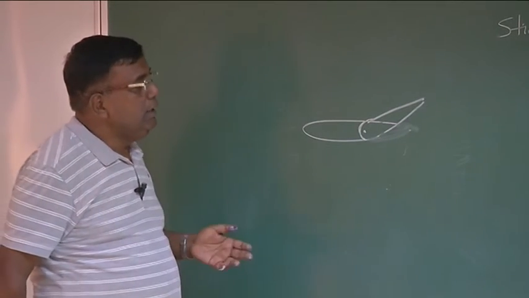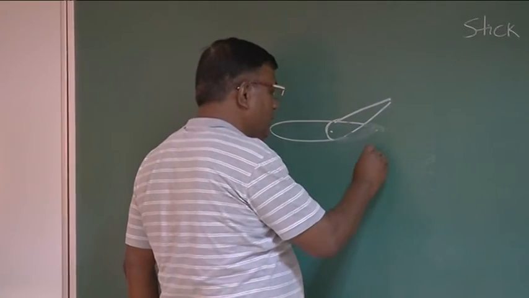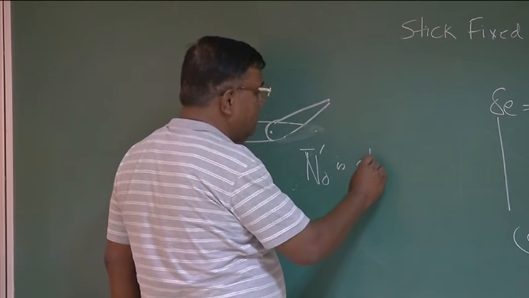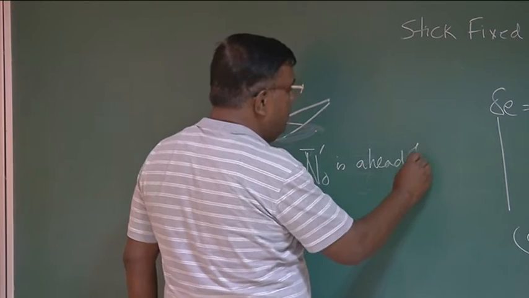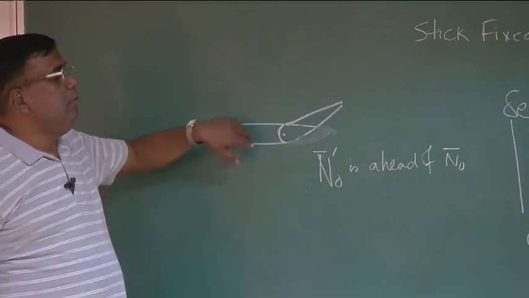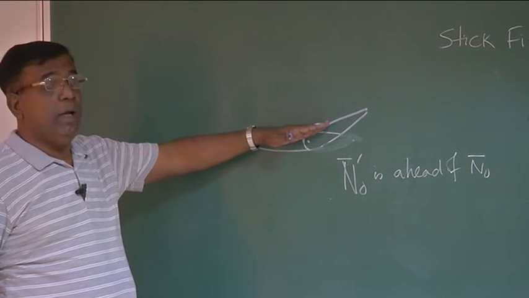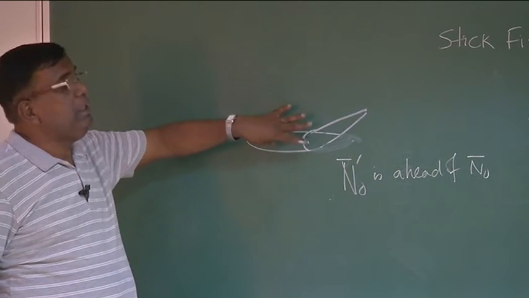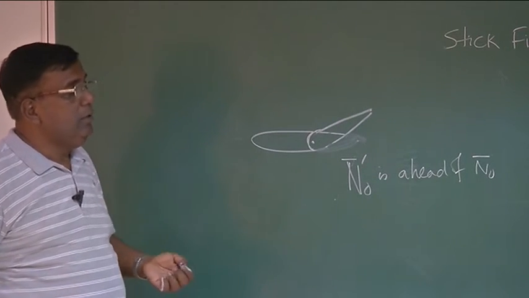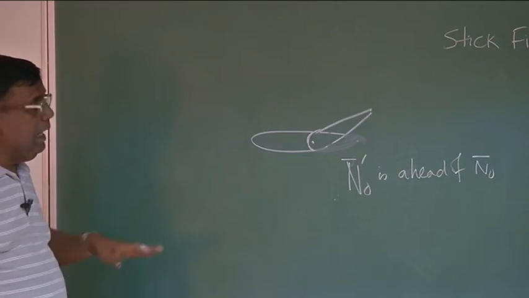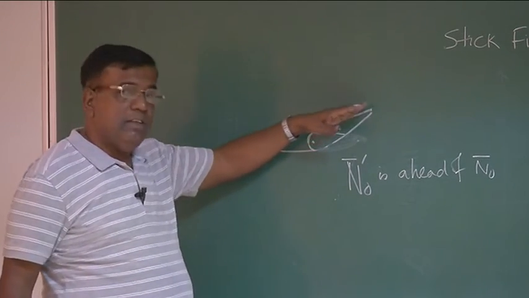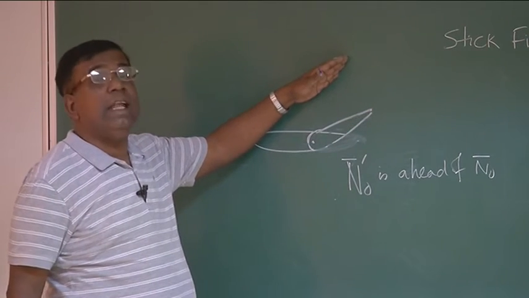And that is why the neutral point stick-free is ahead of the neutral point stick fixed. Because it has floated up to equilibrium, the CL alpha tail has reduced. Okay? That is why neutral point stick free is ahead of neutral point stick fixed. And this condition is taken as a first equilibrium point. From here we take to the next one.